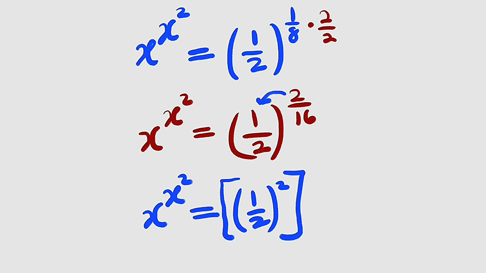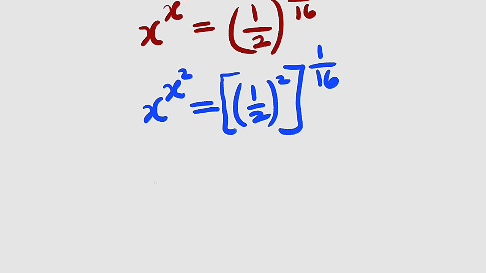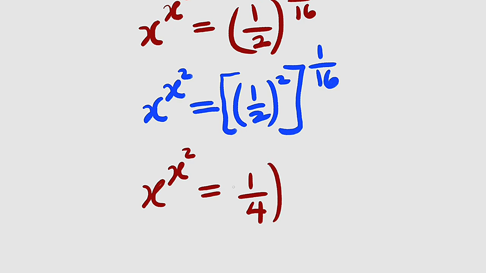But we still have a power of 1 divided by 16 outside. So now let us raise 1 over 2 to the power of 2, which is going to give us 1 divided by 4, right? So we have x to the power of x squared equal to 1 over 4 to the power of 1 divided by 16.